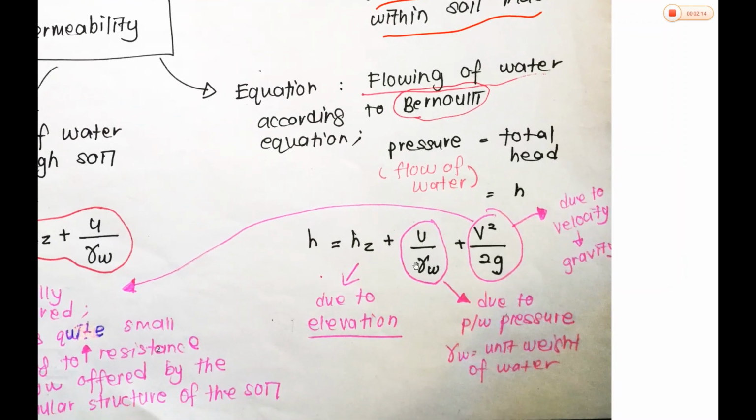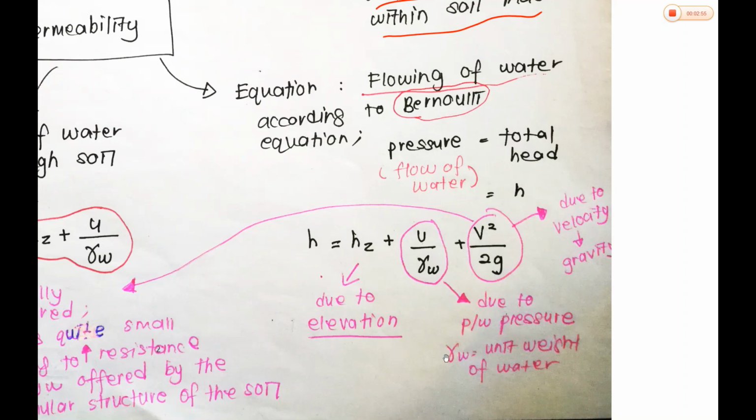So kalau the flowing of water, tak kira lah dalam medium apa, okay, tak semestinya tanah, dia kata secara general, according to Bernoulli, H, total head, total flow of water pressure, is equal to Hz plus U over gamma W plus V square over 2G, which is Hz refer to elevation, difference level. Maksudnya air will flowing from the higher level to the lower level, and then U over gamma W due to the presence of pore water pressure.